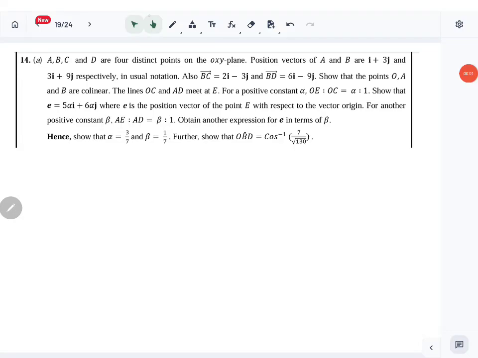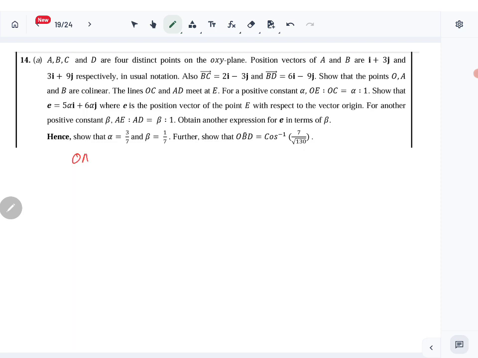Right. Let's look at question number 14, part A of the applied paper. So this is the vectors question. A, B, C, D are four distinct points on the OXY plane. Position vectors A and B are i plus 3j and 3i plus 9j.